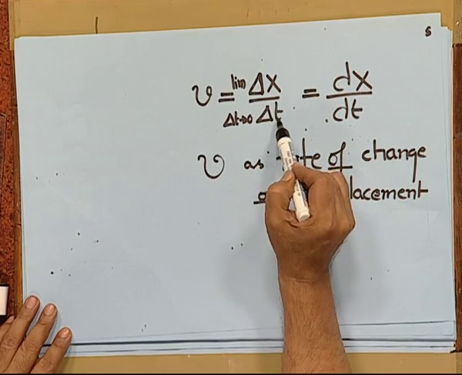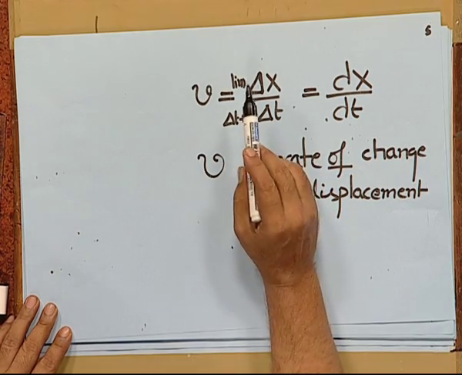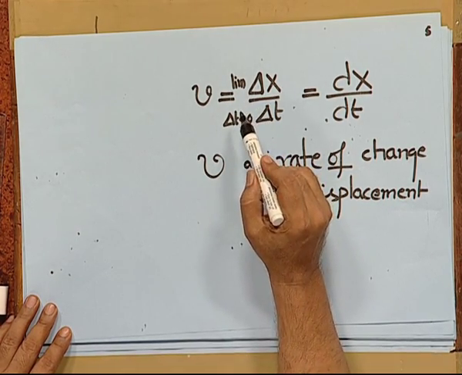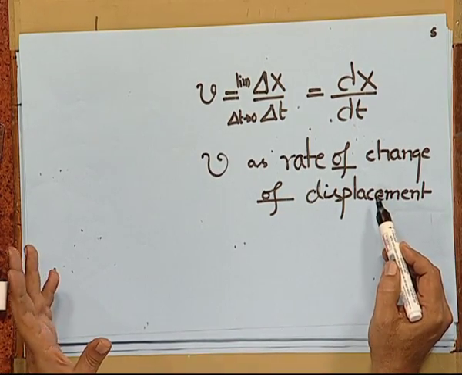When we say instantaneous velocity, it is the limit of delta x by delta t as delta t tends to 0, which is nothing but the slope of the tangent that is drawn at that instant of time of the position-time graph. So, V is called the rate of change of displacement, because delta x is a measure of the displacement, and the time rate of change of displacement at a given instant of time is called the velocity at that instant of time.